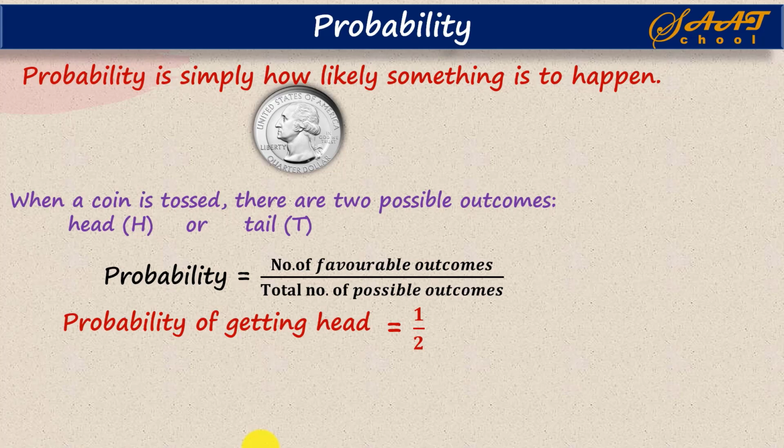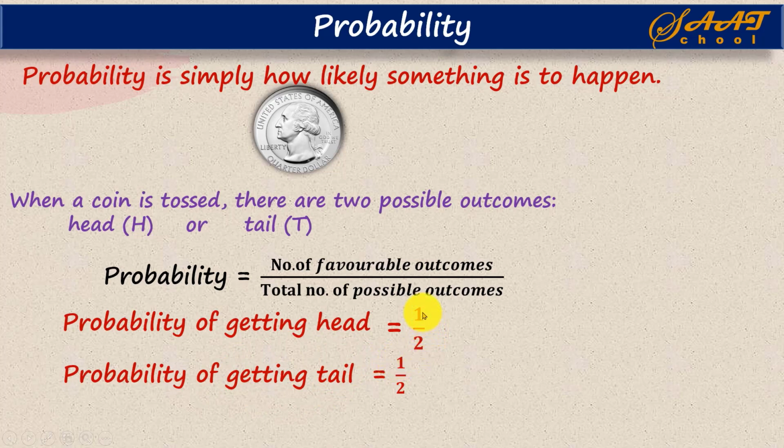Similarly, when you find probability of getting tail, that is also 1 by 2. We are looking for getting a tail, and in a coin there is only one tail. That's why favorable outcome in this case is 1 and possible outcome is 2. Here favorable outcome for getting head is 1 as well as for getting tail is 1.